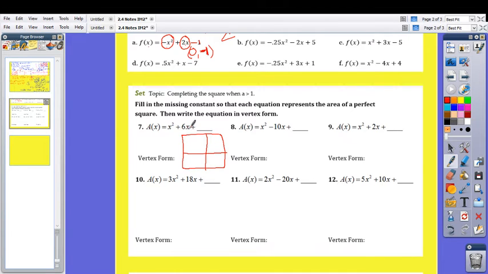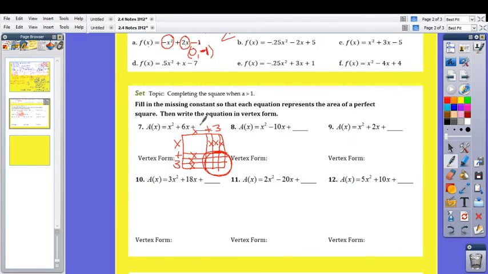So this 6x, you split it into 2. So one half goes here, the other goes here. So 3 of them will be going here and 3 of them will be going here. This is your x plus 3. This is your x plus 3. So 3 times 3 is 9, and you can see there are 9 of them. Okay, so you will be needing 9 here, but you cannot just add 9 like that.